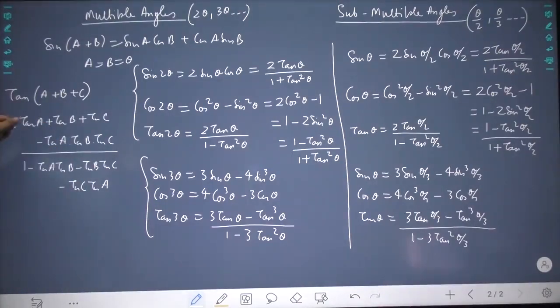This is the formula of tan of a plus b plus c, always to be remembered.